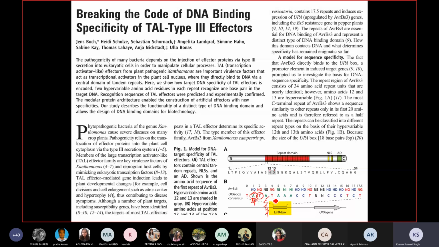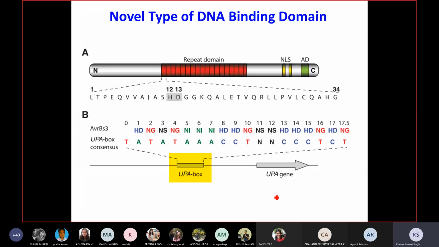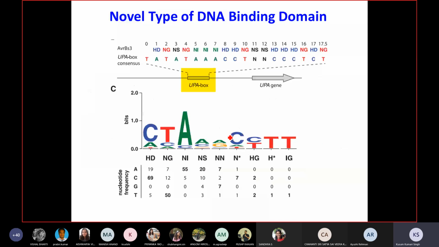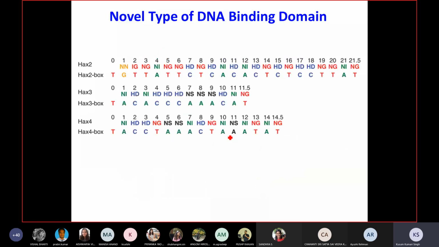NG is always binding to T. This kind of experiment they were able to show with the help of the GUS reporter system, where they mutated their target sequences and were able to find out which base pair is binding to a particular amino acid.